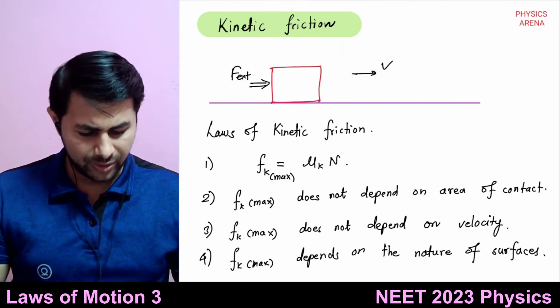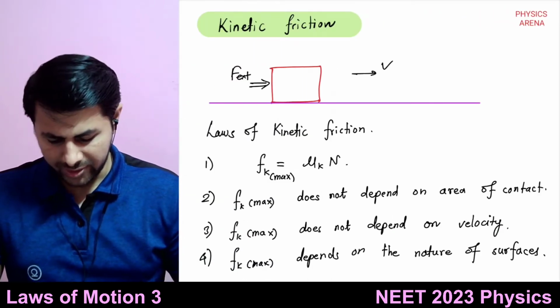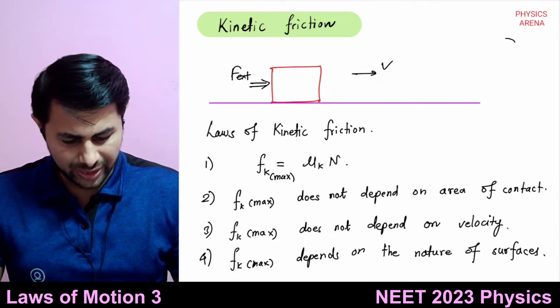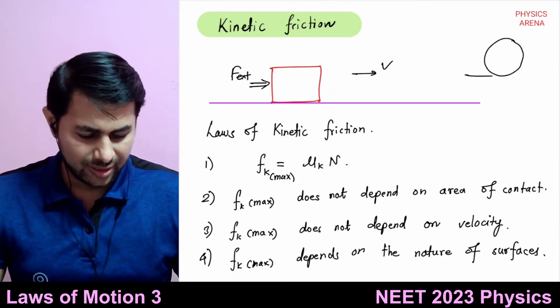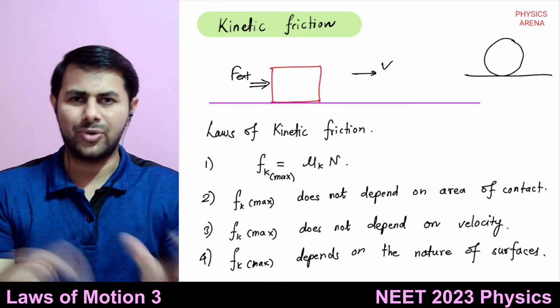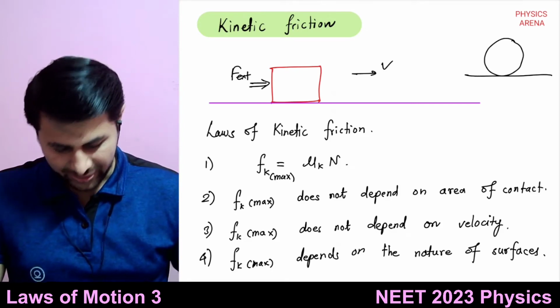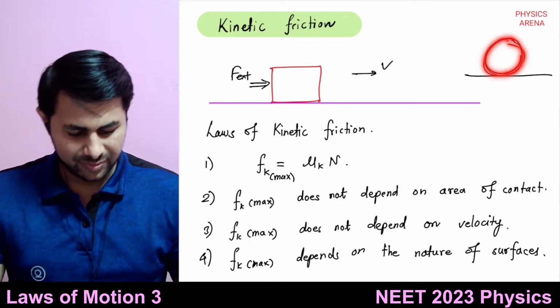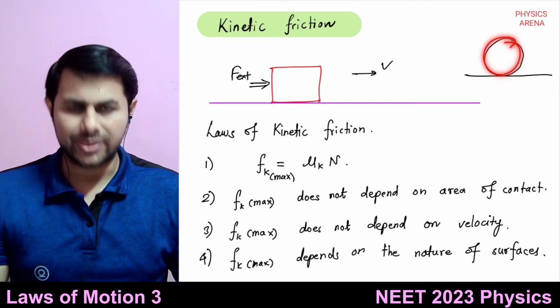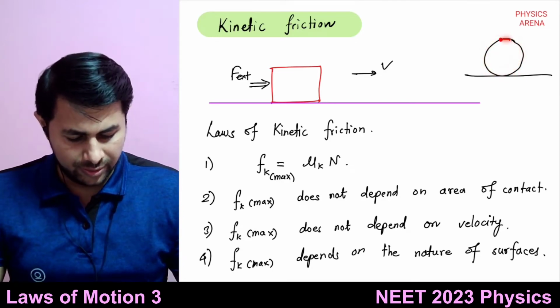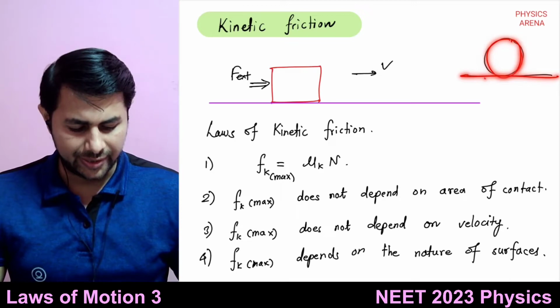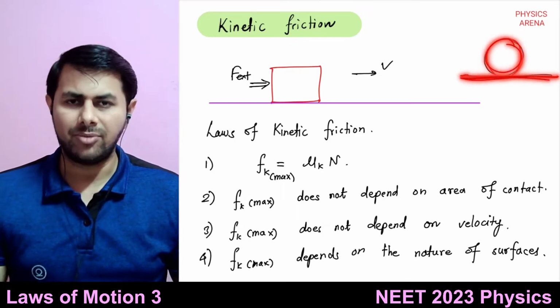Then we'll see some problems. Before that, there is one more thing. We know that wheels are circular. So why so? For circular bodies, there is no sliding between circular objects and a floor.